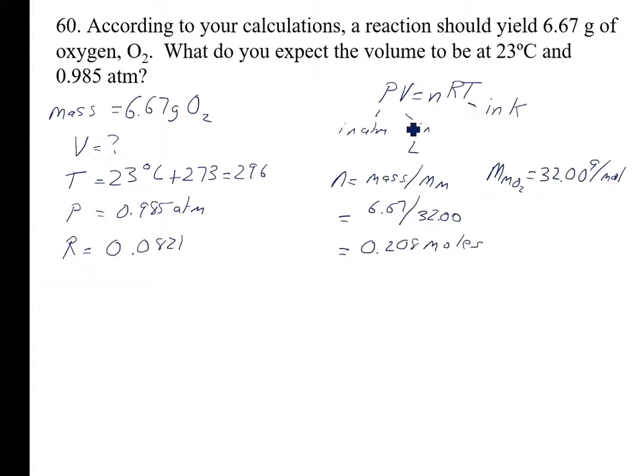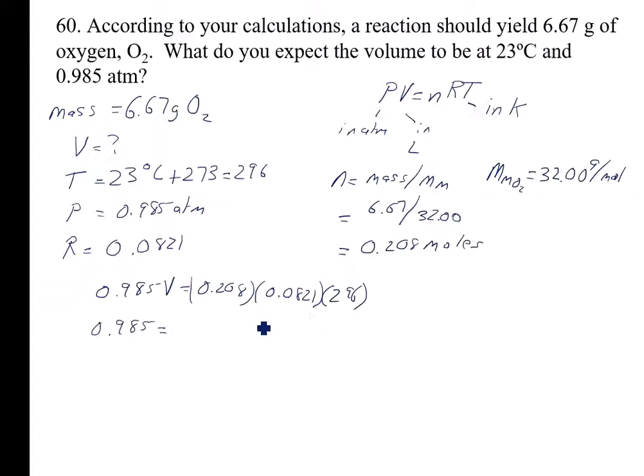Okay, so now I'm ready to start substituting in. My pressure is 0.985. V is my unknown. 0.208, 0.0821, and 296. So this stays 0.985.